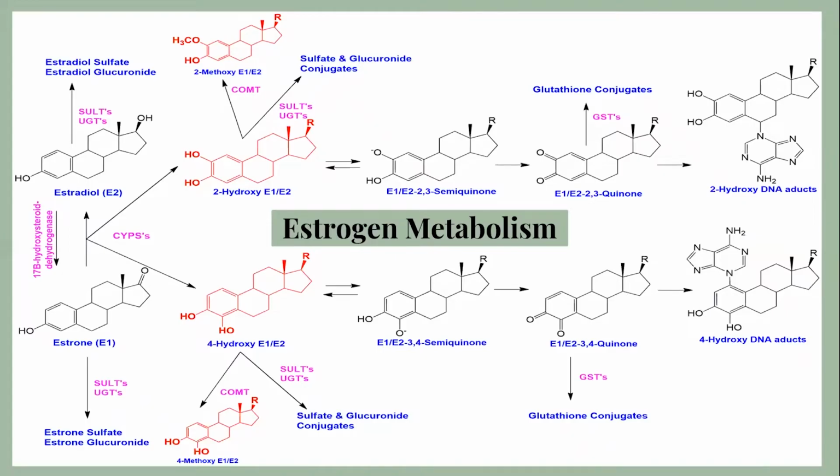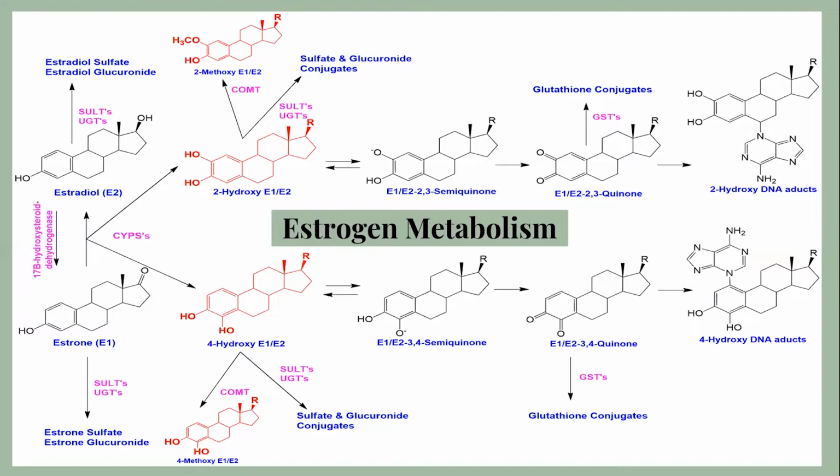Biotransformation protects the body from endobiotic and xenobiotic substances. Natural endogenous and synthetic exogenous hormones are examples of such substances. Estrogen is the primary sex hormone in women and is produced from cholesterol in the ovaries.